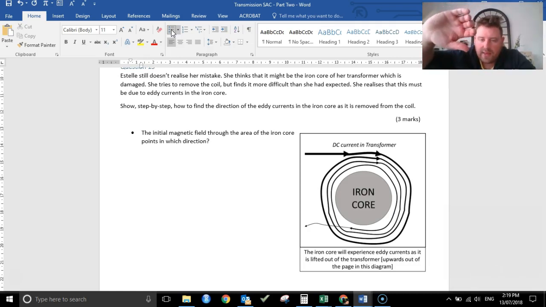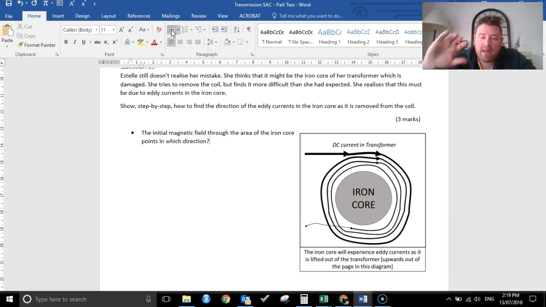I'm not sure if my webcam is actually inverting the image here, so I might be using my left hand according to you here, not 100% clear. But if we look at that diagram there, we've got a current which is going around clockwise in our view.